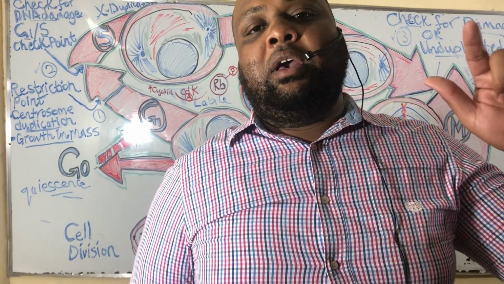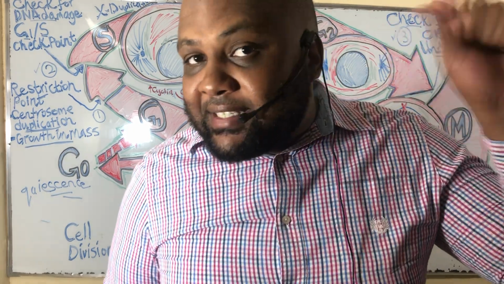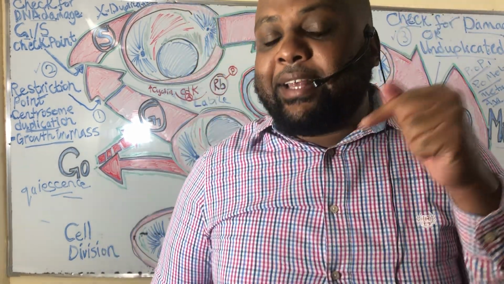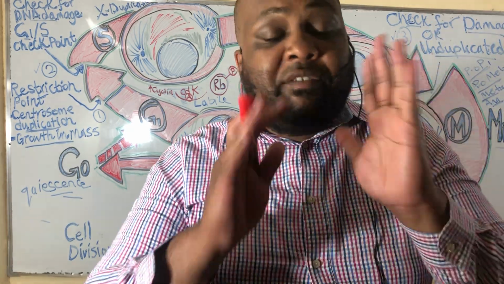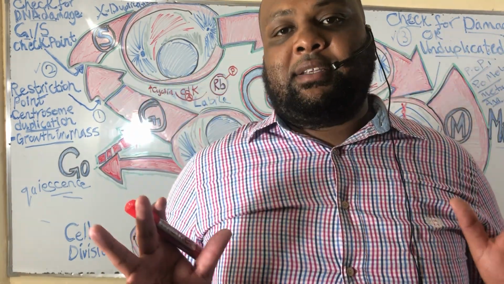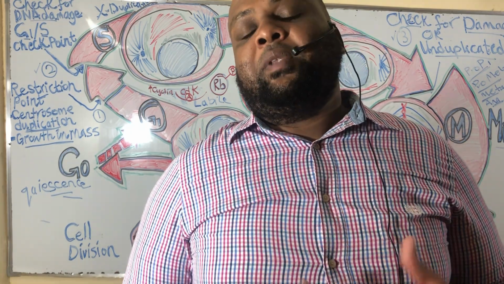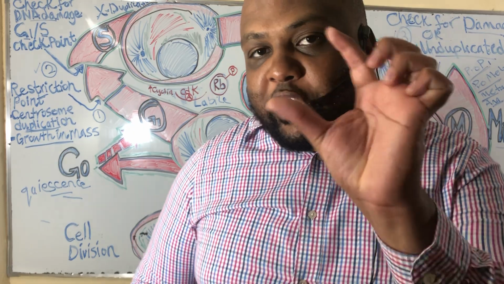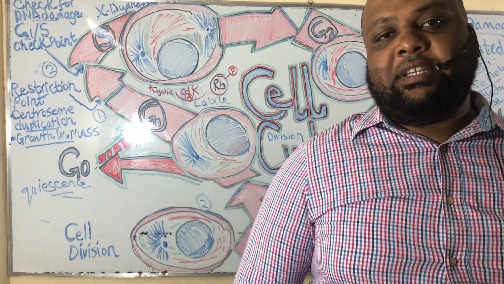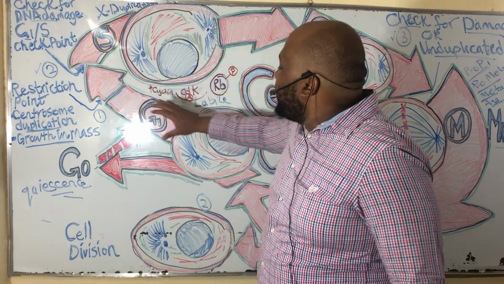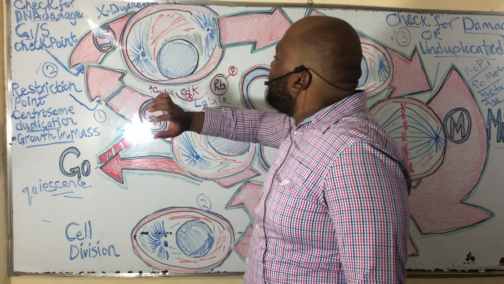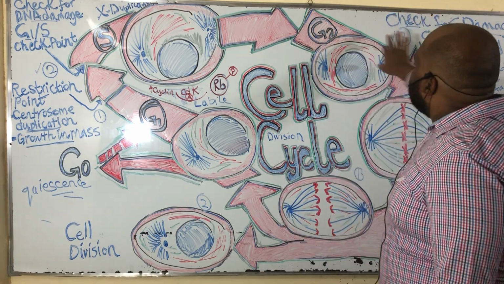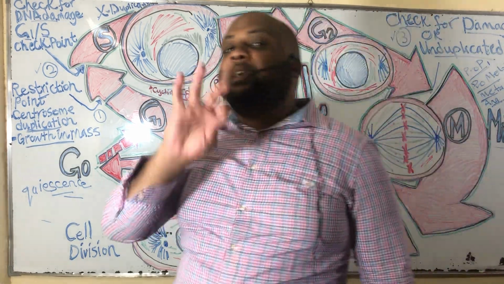Cyclin will keep on accumulating, but now that cyclin-dependent kinase in that next phase will not be the same cyclin-dependent kinase as in the previous phase. We have different cyclin-dependent kinases. That's why tumor treatment targets cyclin-dependent kinases at particular stages of the cell cycle. The cyclin-dependent kinase that pushes the cell through the G1 phase, the one that pushes the cell through the S phase, and the one that pushes the cell through the G2 phase are different cyclin-dependent kinases.